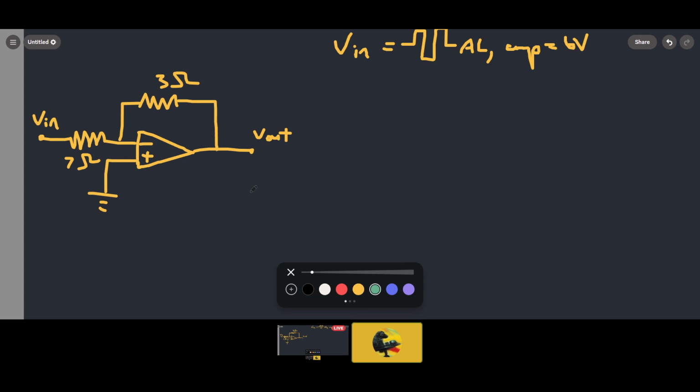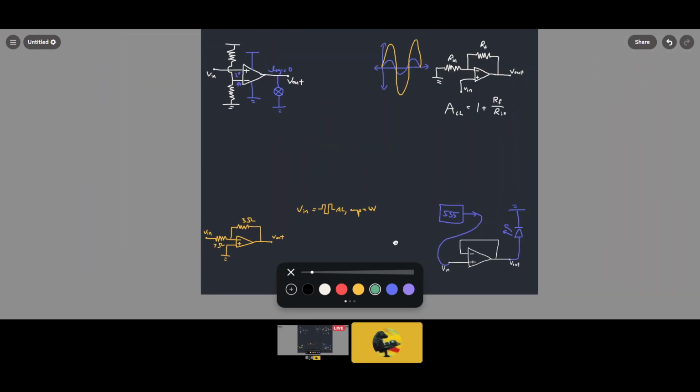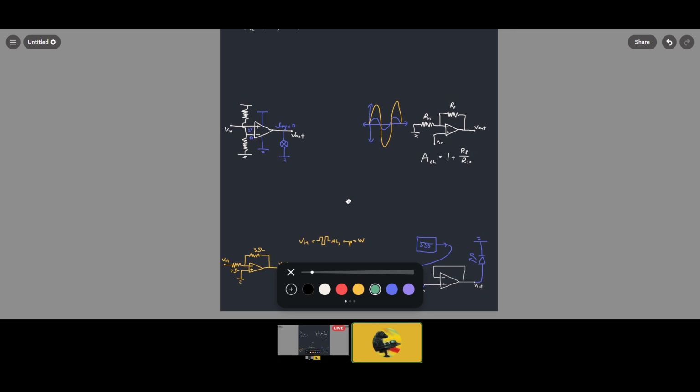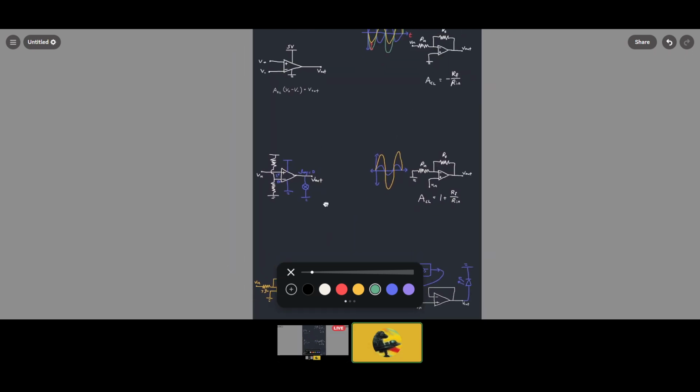Analyze the circuit first, and you'll see that this is an inverting op amp, because it's the same as this one.